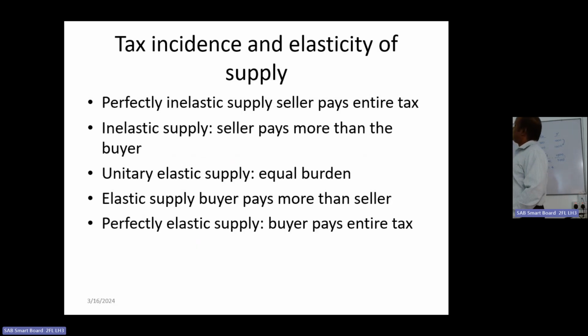And also supply, perfectly inelastic supply. So what is the nature of perfectly inelastic supply? Supply also we can take that way: perfectly elastic, elastic supply, inelastic supply. Perfectly inelastic supply means supply is not responding.